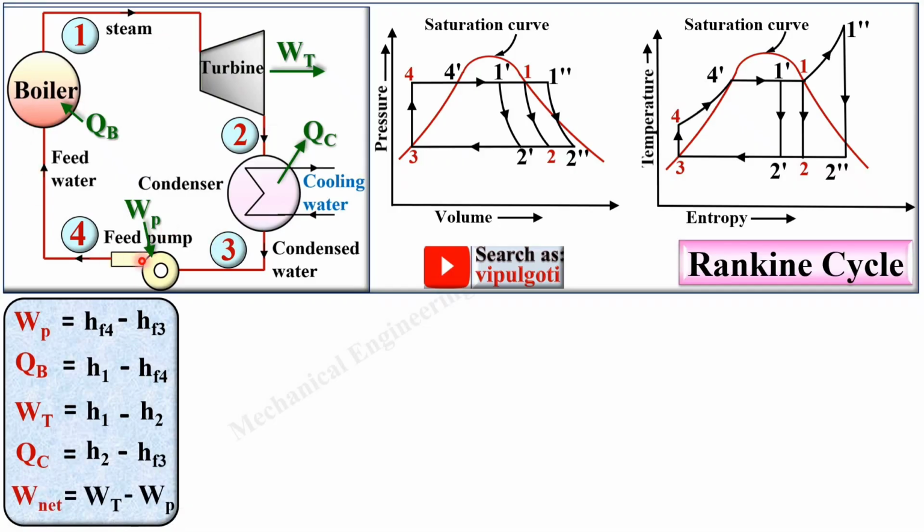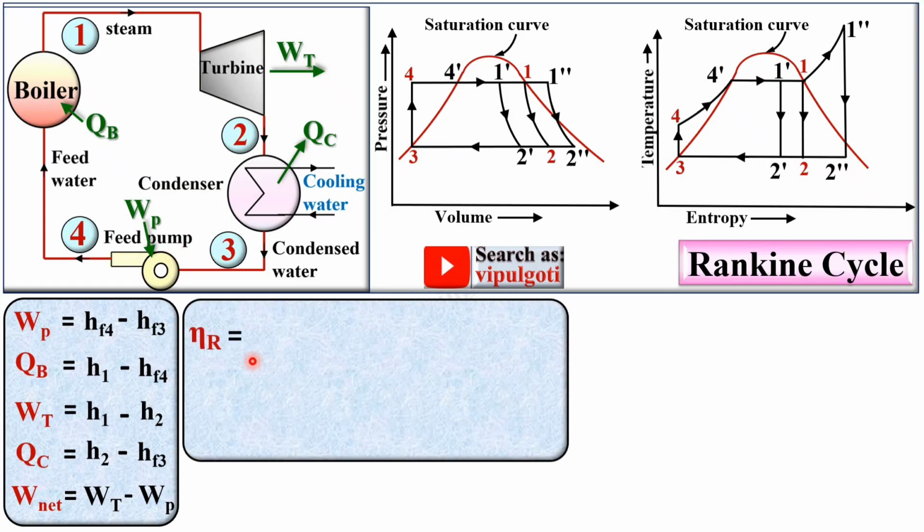So in the whole system you can find the net work done, that is WT minus WP. So that I can find the efficiency of the Rankine cycle as output upon input. Output is the net work done, so I can put it over here, W net. Input is actually the heat supplied at the boiler, so you can say it is QB.